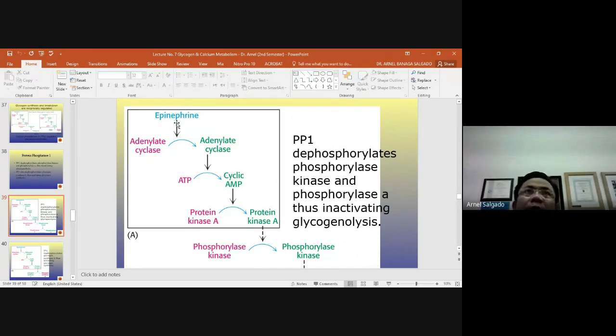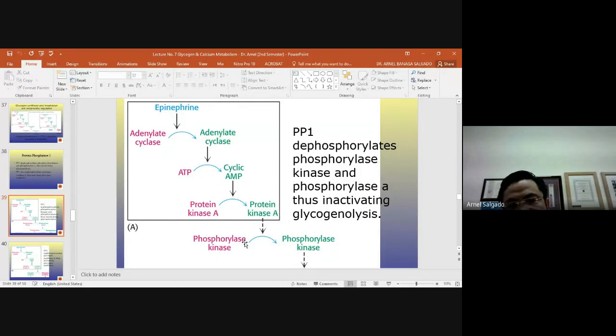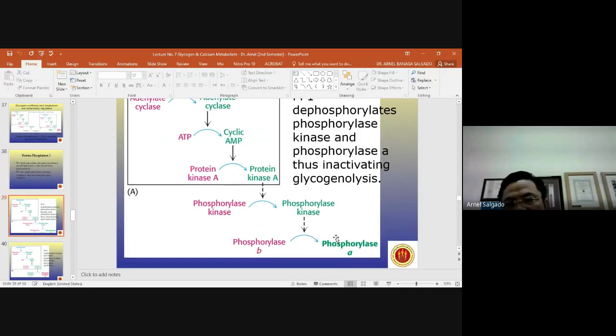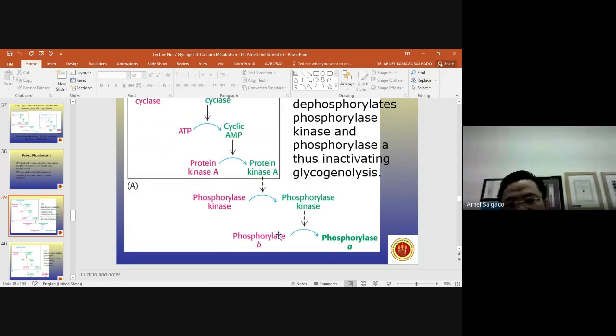Epinephrine is a form of hormone, and it will undergo this process as discussed earlier. Now, protein kinase A, then it will be producing glycogenolysis, right? So we can see the inactive state converted into the active state. Therefore, phosphorylase A will be the one that produces sugar from glycogen. That's how it goes.